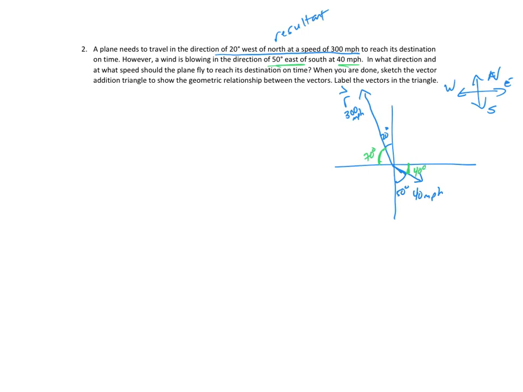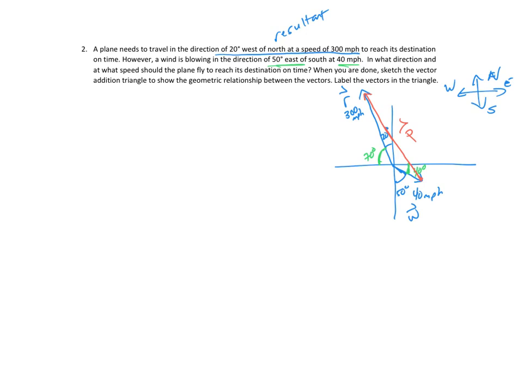And now we need to find the velocity of the plane. So remember, the velocity of the wind, actually I'll label this vector that we just drew, I'll label it vector W. So the vector which represents the wind plus the plane by itself has to equal the resultant vector. So what we're asked to find here is the velocity of the plane. So what we want to think about is taking the wind plus the plane, call that vector P, their sum.